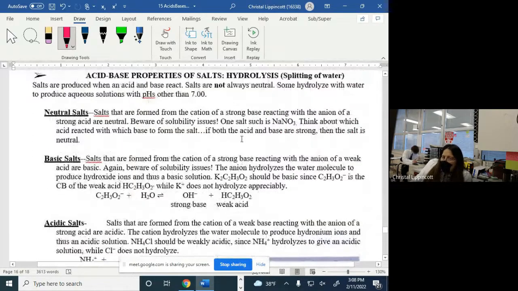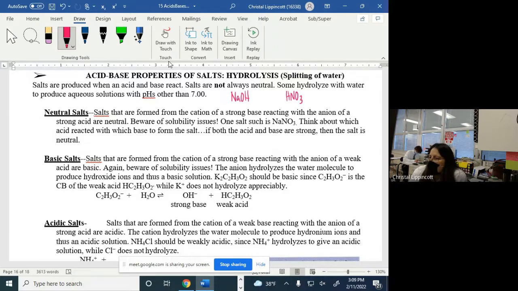So when we have salts that go into our water, we can have things called neutral salts. For a neutral salt, the cation would make a strong base, NaOH for example, and the anion of that would make a strong acid.